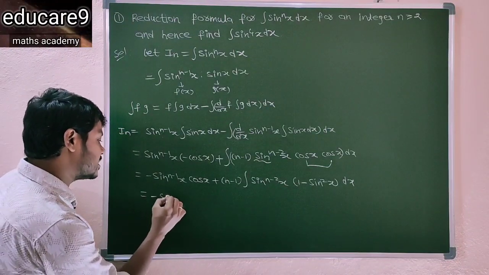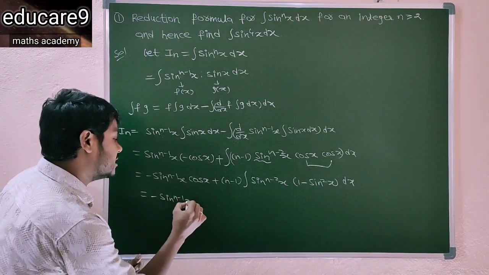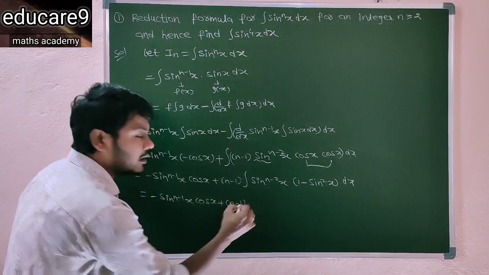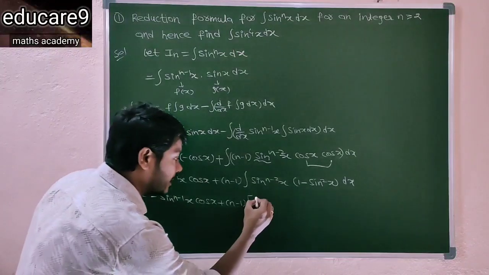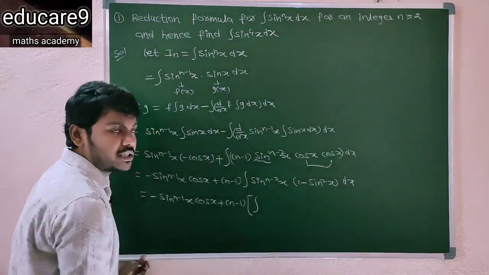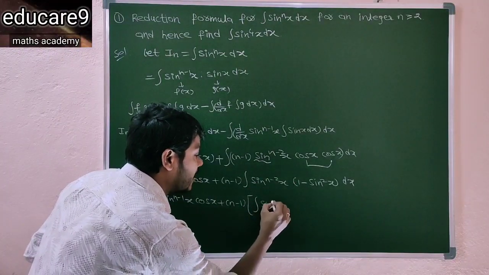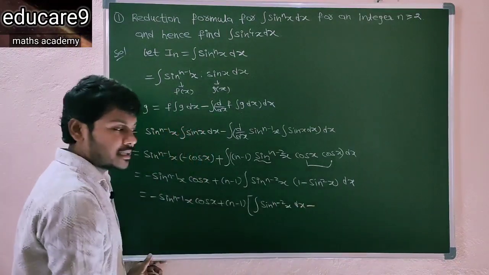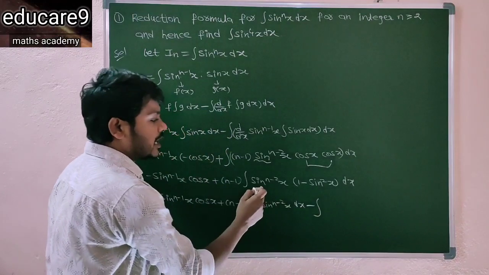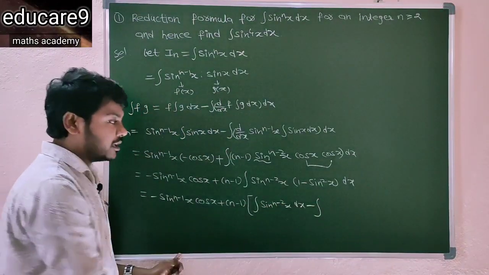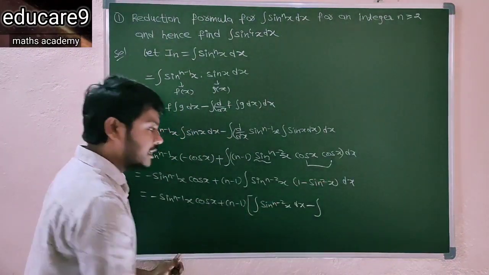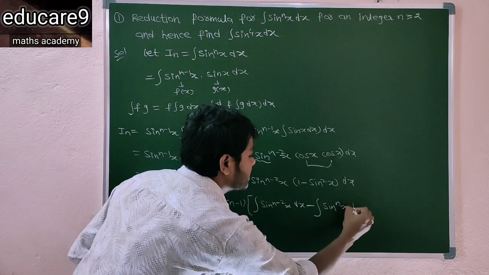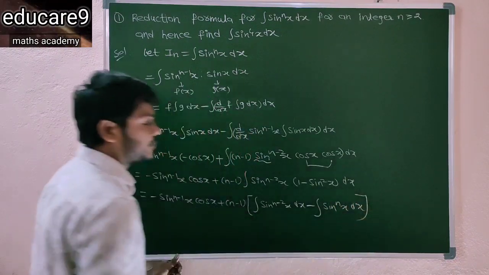This is minus sin power n minus 1x cos x plus n minus 1 into, see here, integration of sin power n minus 2x into 1, that is sin power n minus 2x dx, minus integration of sin power n minus 2 into sin square. So clearly minus 2 plus 2 get cancelled. You will get sin power nx dx.